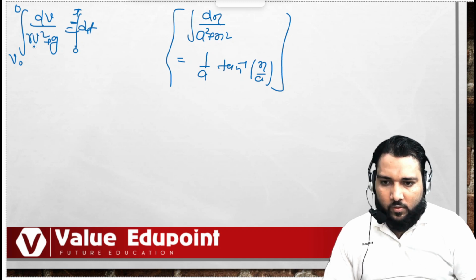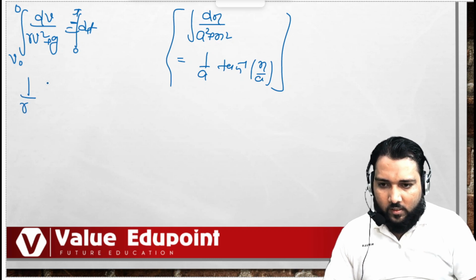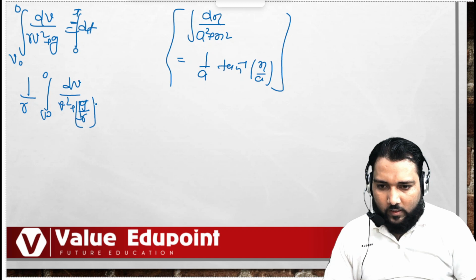Is it okay, guys? I am taking gamma outside, and that gamma here is from v naught to 0. Okay, and that is dv upon v square plus g upon gamma.